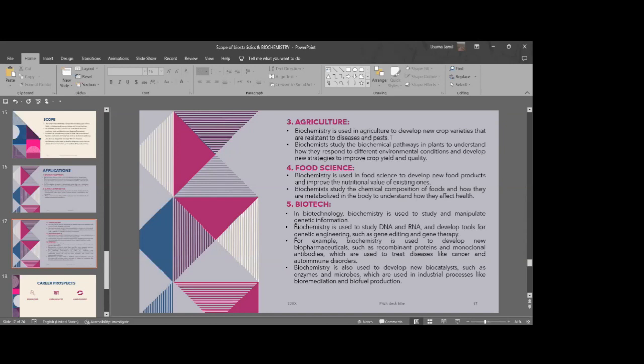So to avoid that condition, scientists started to develop specific genetically modified seeds that are resistant to pests or diseases. This was only possible because of biochemistry.